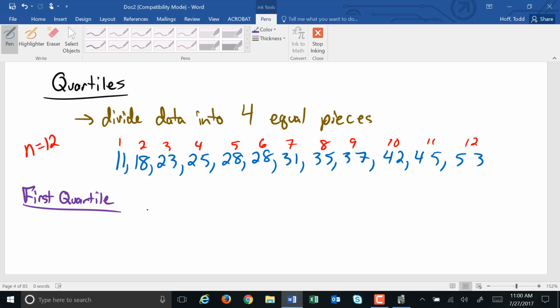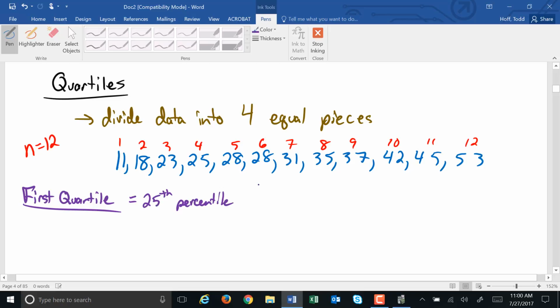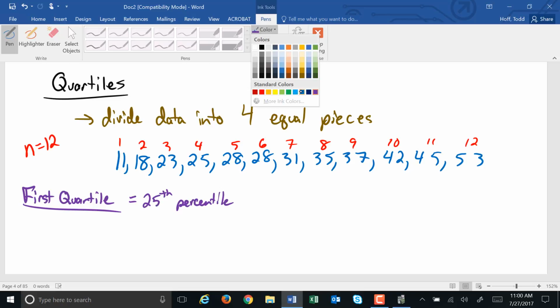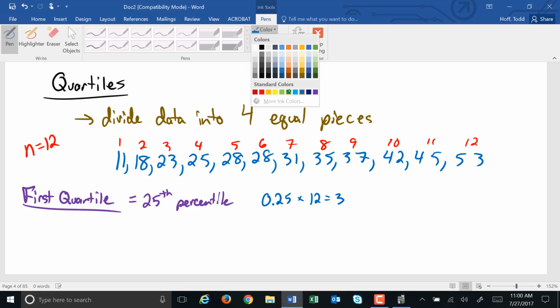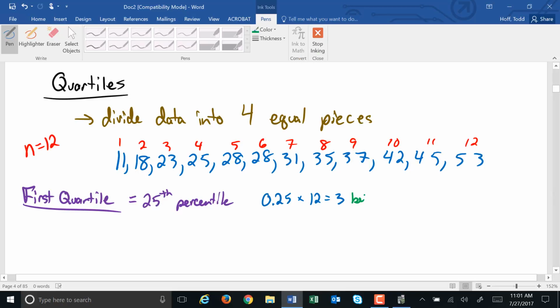The first quartile is equal to the 25th percentile. So all I'm going to do for position is take 0.25 times my n of 12, which is 3, which means it's between the 3rd and 4th.